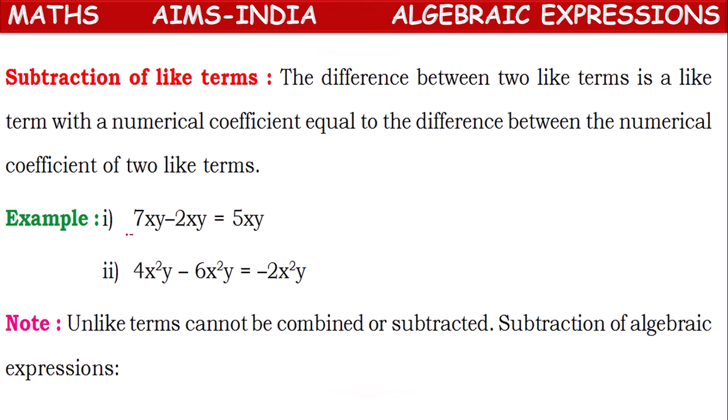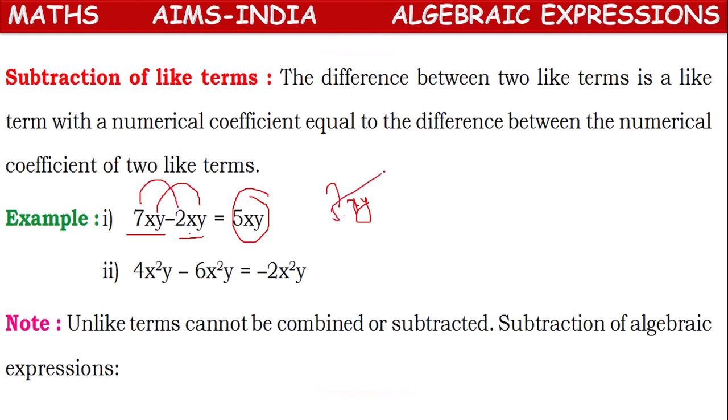So 7xy minus 2xy, these two are like terms because they have a common literal factor xy. The result also will be a like term having the common factor xy, but its coefficient is the difference of these two.